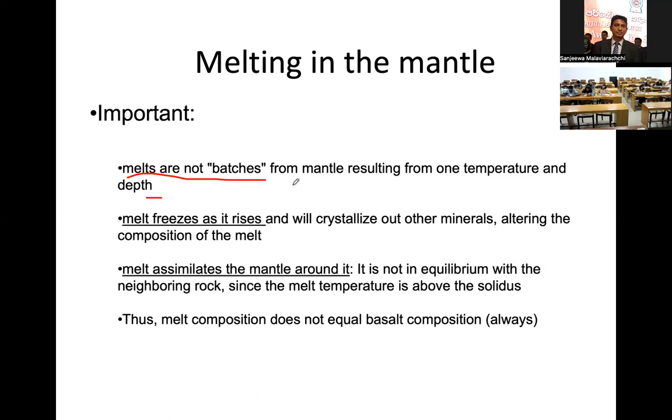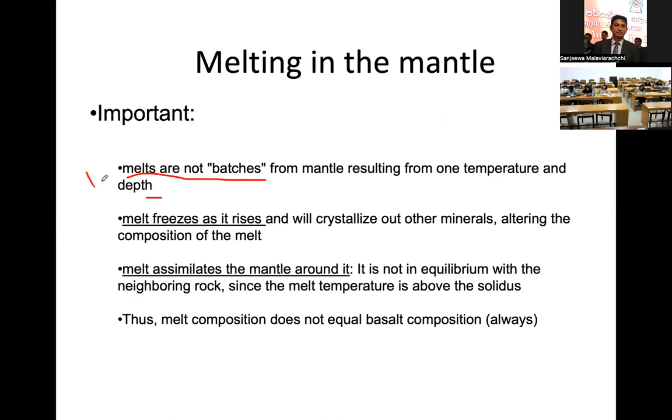They might not necessarily be batches. Batch melting produces some batches of melts, but still these batches of melts can be generated at different levels, different temperature conditions. So this is an important point.